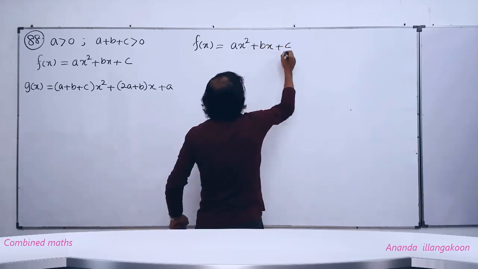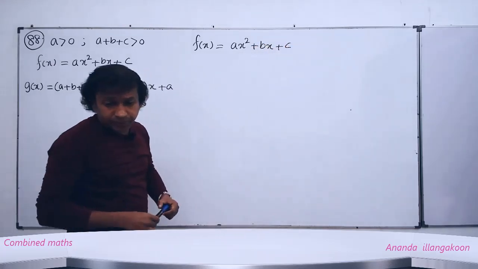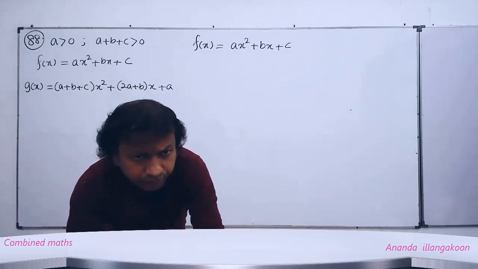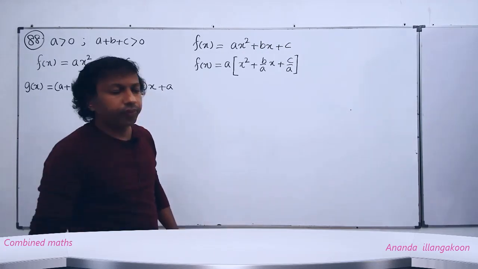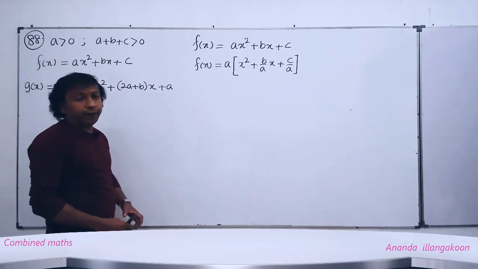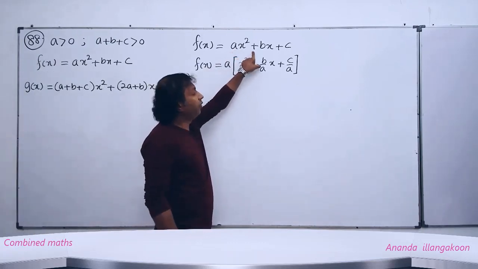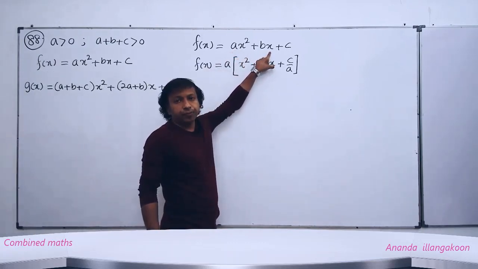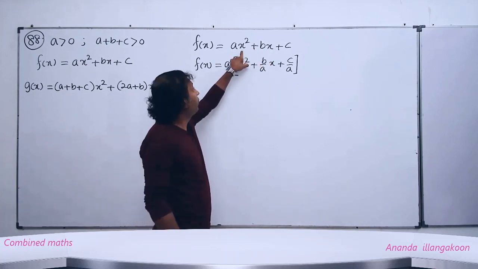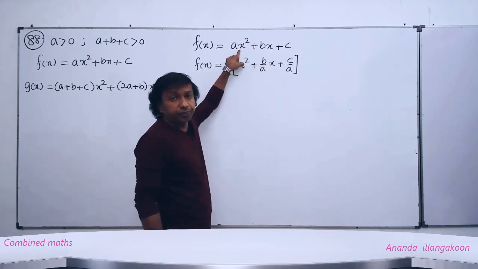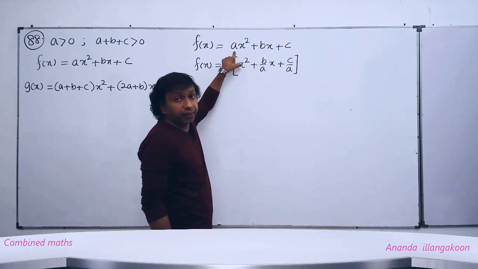Start from here. Right. Hurry up. Right here. Before completing the square on the right hand side, we should have this x squared coefficient 1. But at the moment we have a.